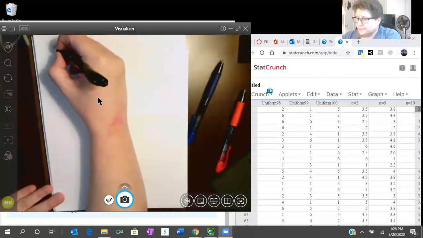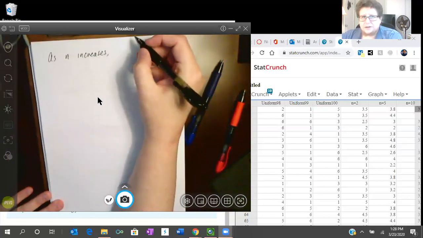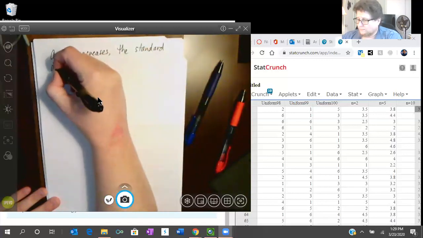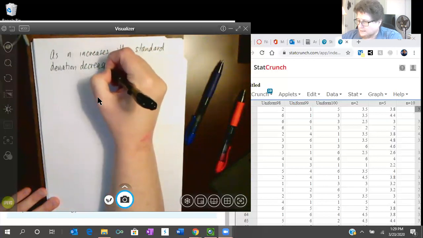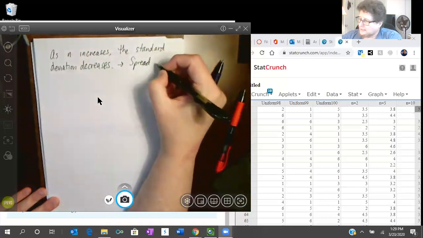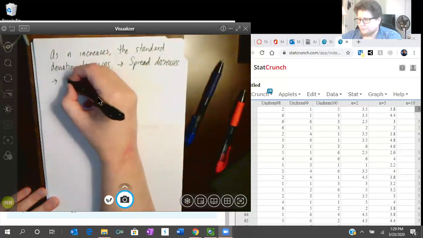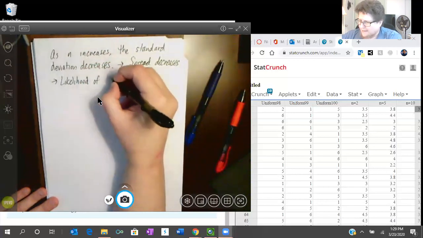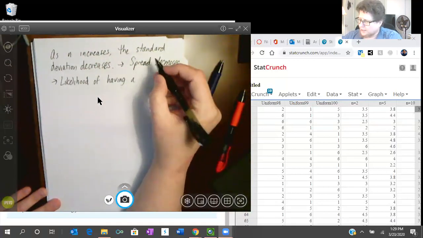So as n increases, the standard deviation decreases. Which means the spread decreases. And therefore, the likelihood of having an extreme member of the population in the group has gone down.